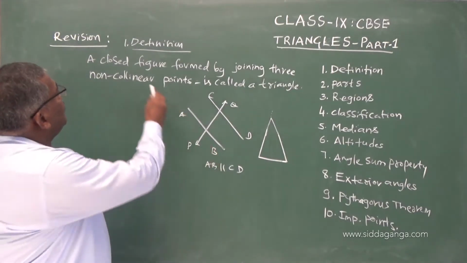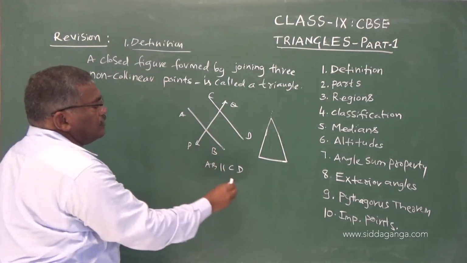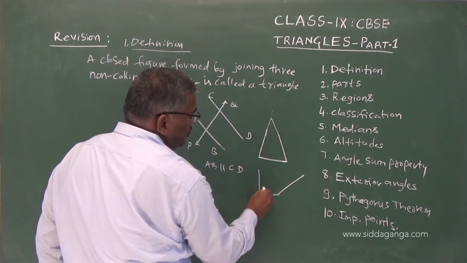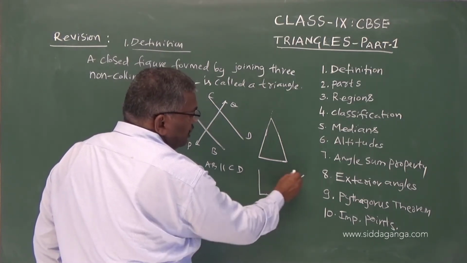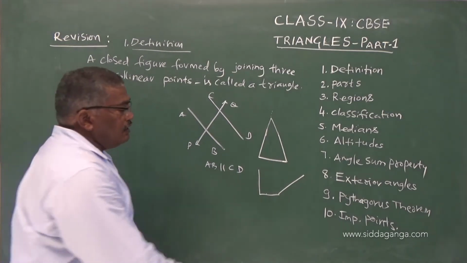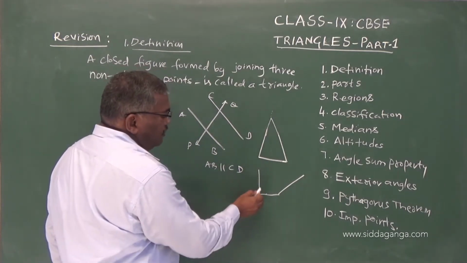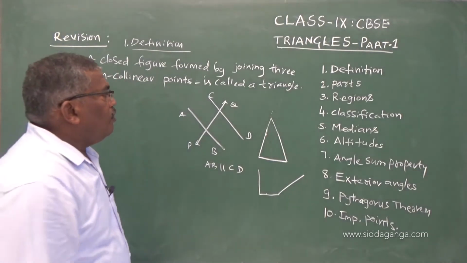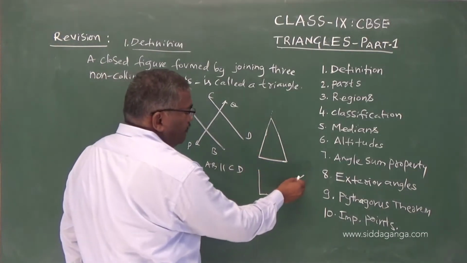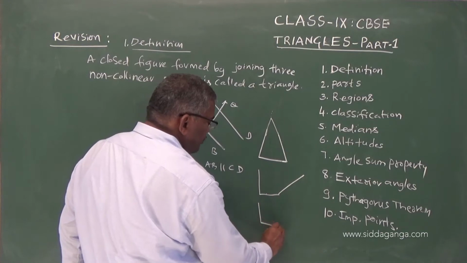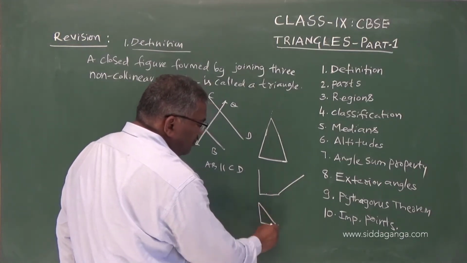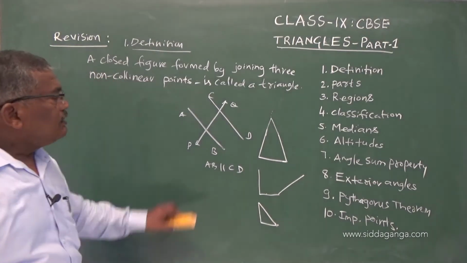That is why a closed figure cannot be an open figure like this. Here 4 points are there, but we need 3 points to form a triangle. If it is closed like this, A, B, C are 3 points and it forms a triangle.